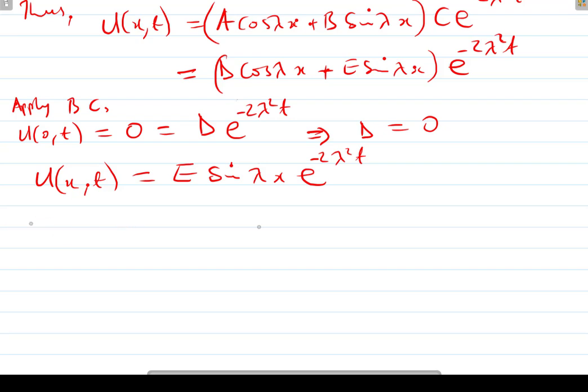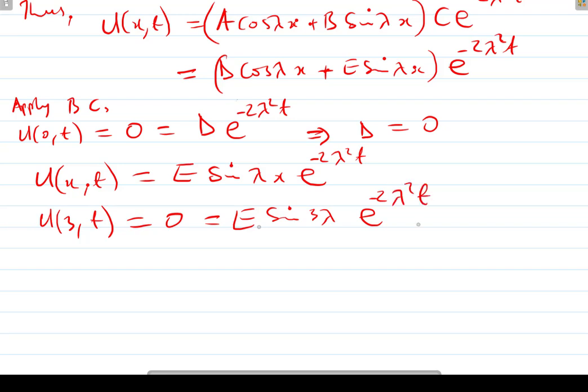And then again you apply another boundary condition. We are applying the boundary condition u(3,t). Again we are told this is 0, so if that is the case, where there's x here, you put 3, so this is e sine 3 lambda, then e to the minus 2 lambda squared t. Now e cannot be 0, because it means the solution of this equation becomes useless, since it becomes 0, so it means sine 3 lambda must be 0.